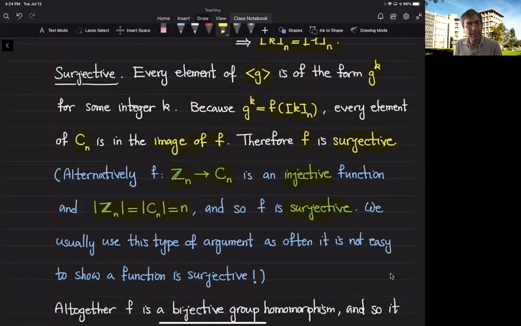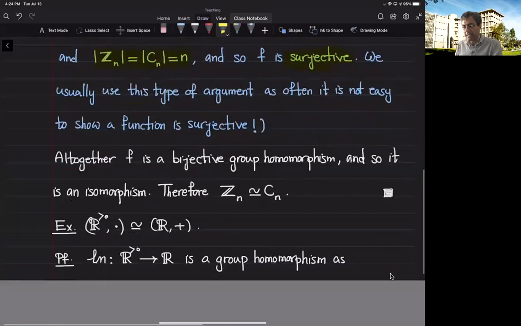This indirect way is often used in other situations when it's not that easy to check surjectivity of the function directly. We use the fact that, hopefully, we know that the domain and codomain have the same cardinality, and if they are finite, then it would be enough to show the function is injective in order to deduce that it is surjective.